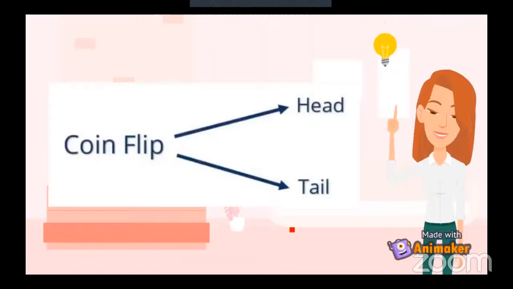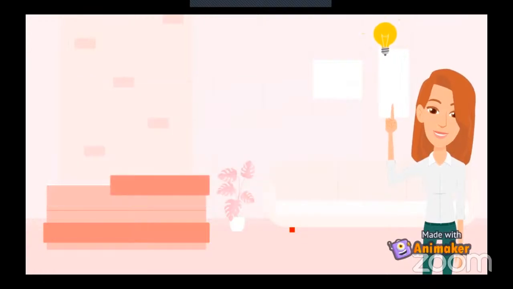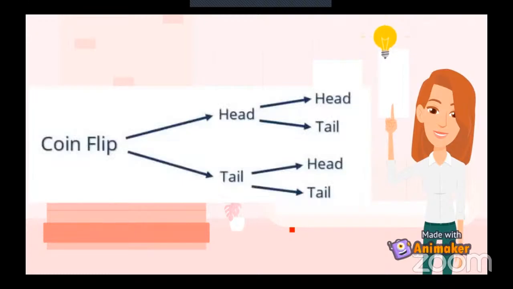The tree diagram can be extended almost infinitely to account for any additional probabilities. For example, this. The second string of possibilities represents a second coin toss.